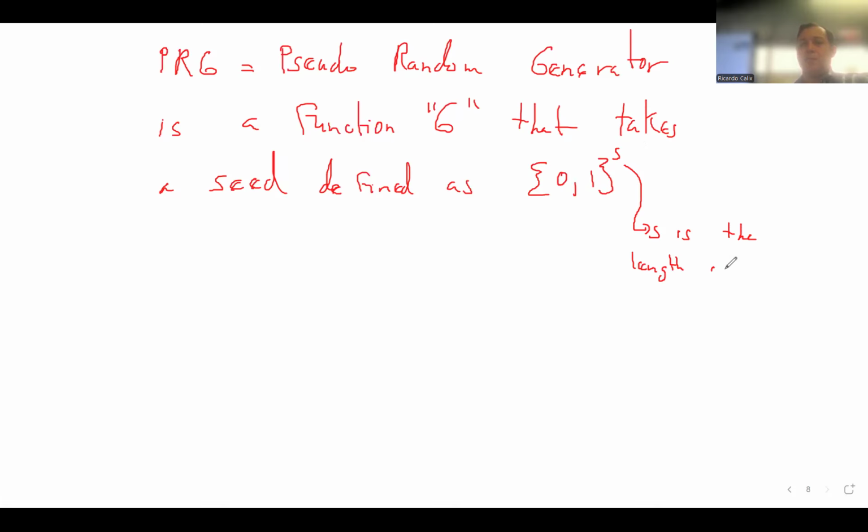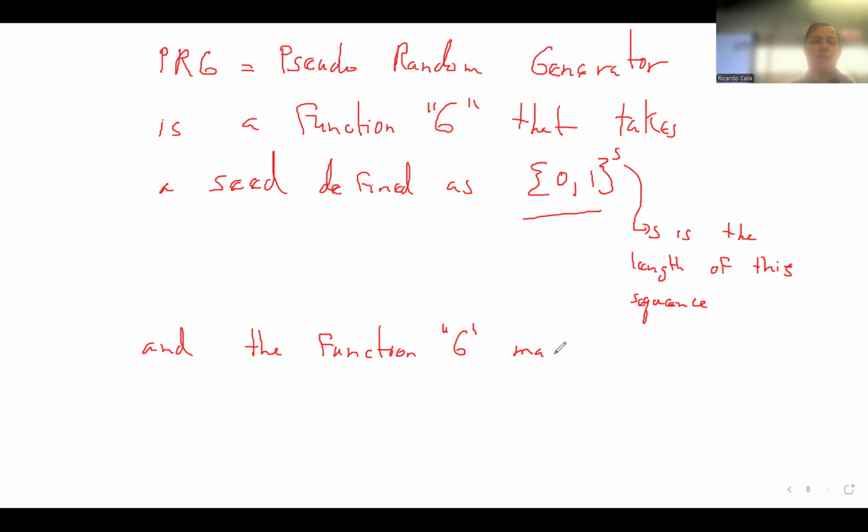So a pseudo-random generator is a function G that takes a seed defined as this. And once again, the function G maps.